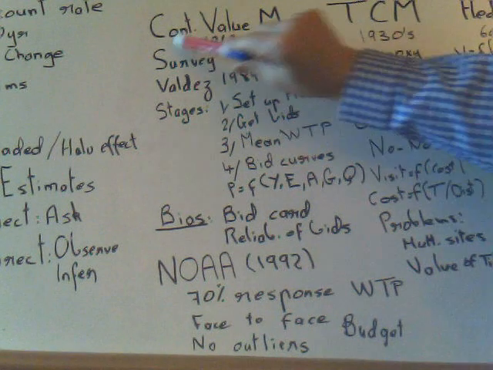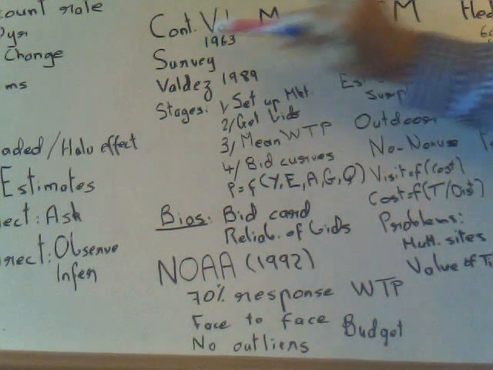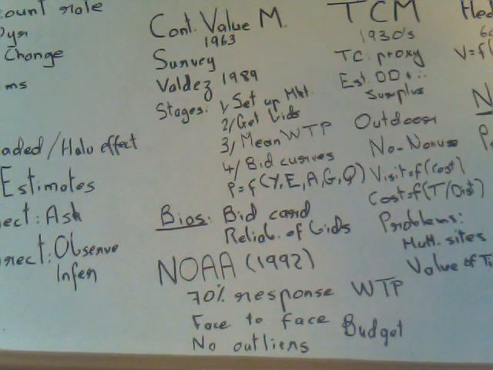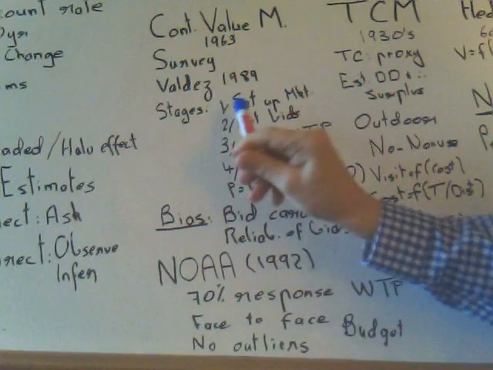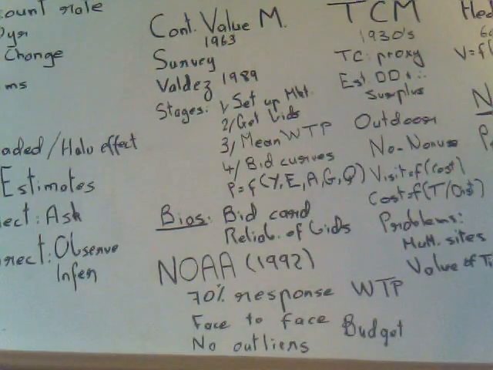So that is why the CVM is the most widely used procedure, because it's the only procedure actually. There is no other procedure that is allowed to go ahead and estimate a non-use value.